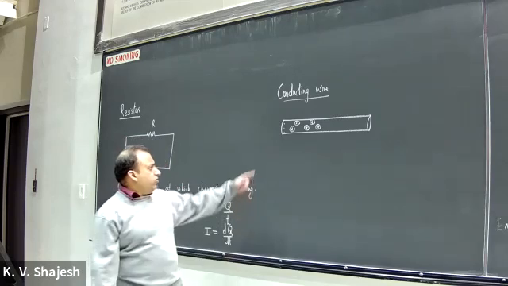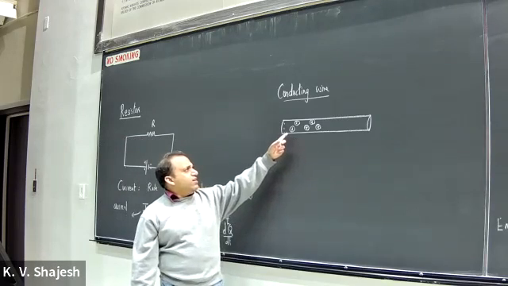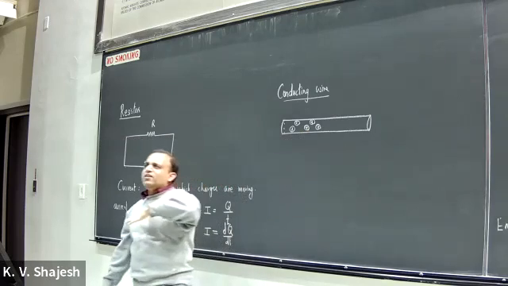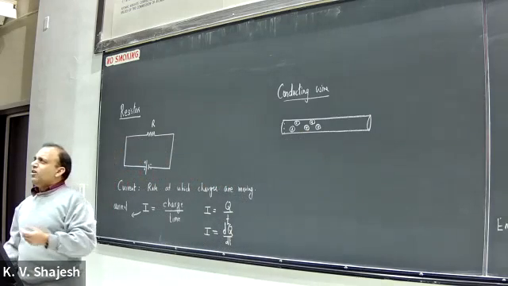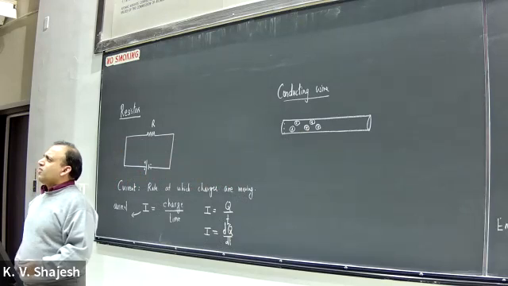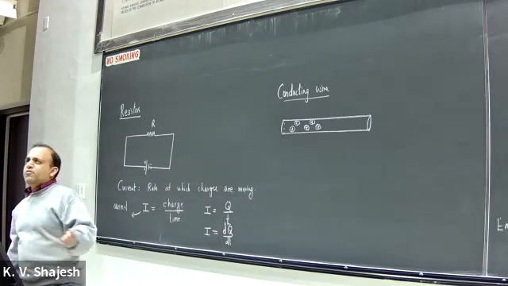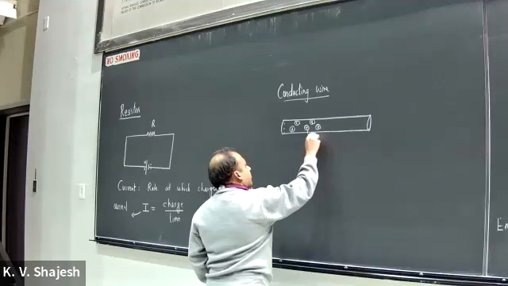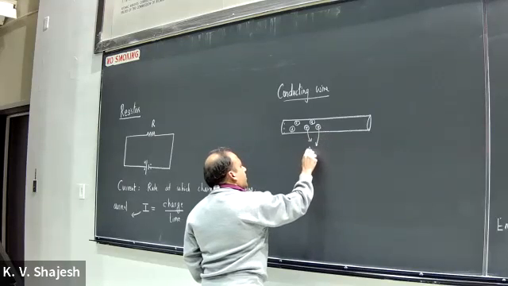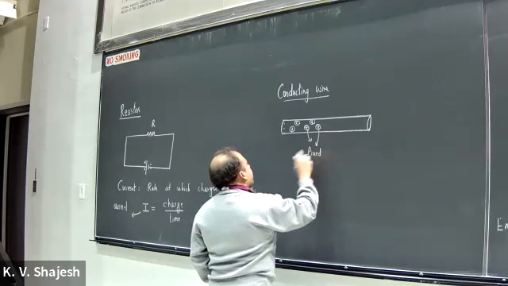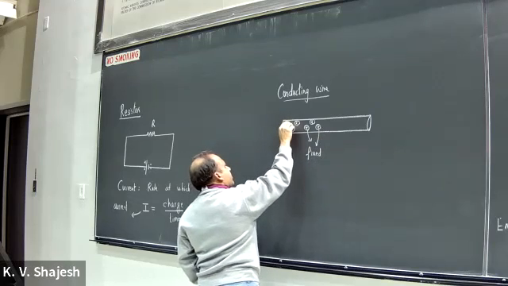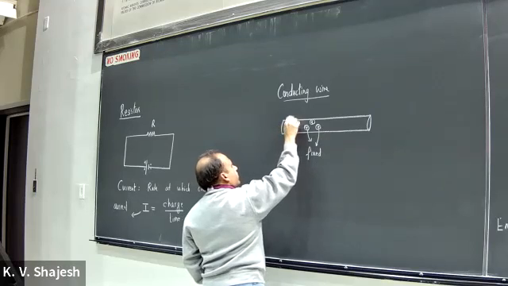And in those materials, the positive charges are stuck in place. They form a crystal. So the positive charges are not mobile. It is the negative charges that are mobile. So these are fixed, and it is the negative charges that move.